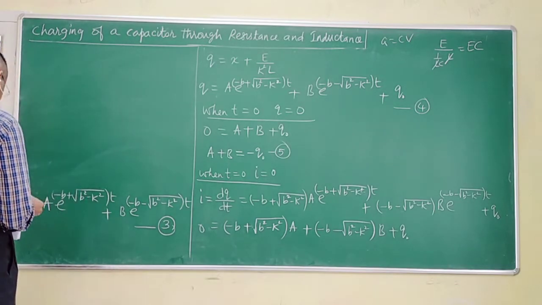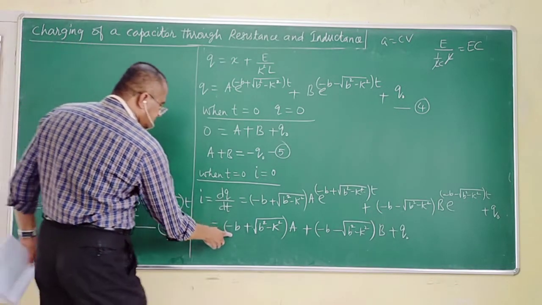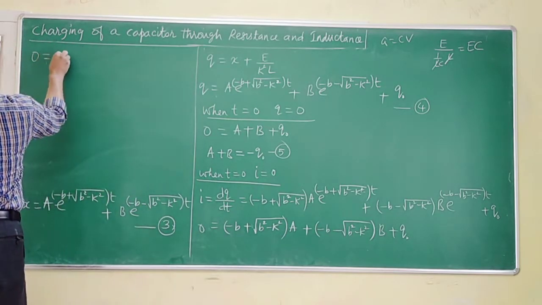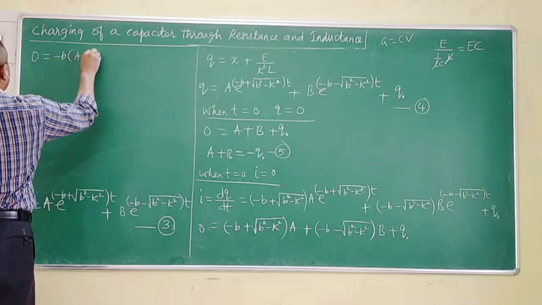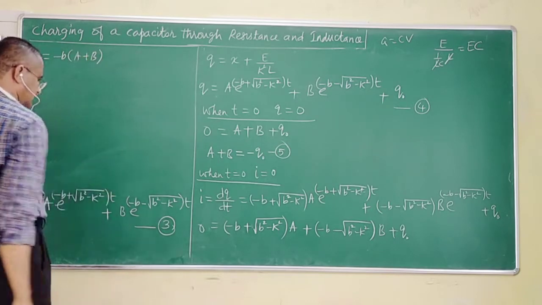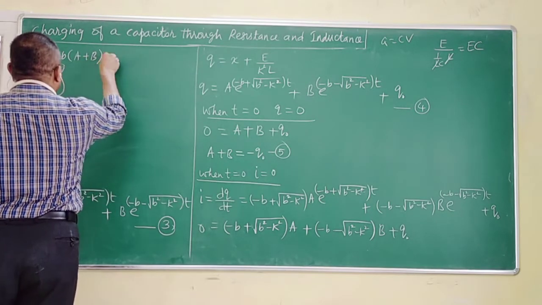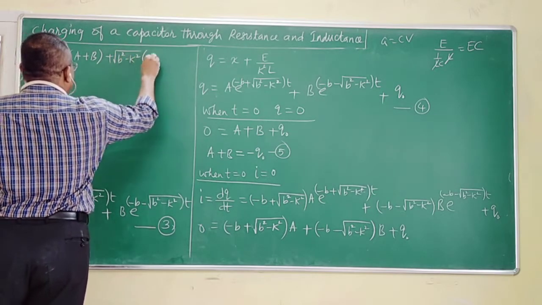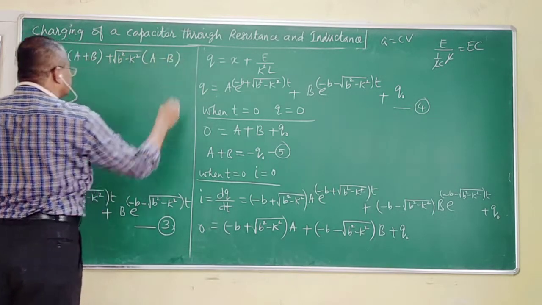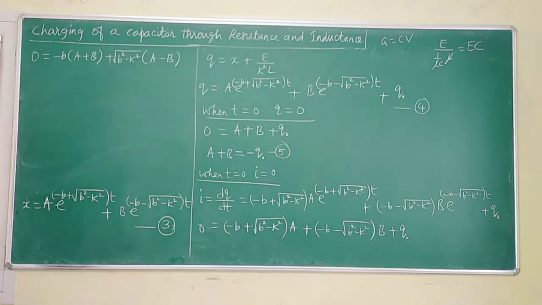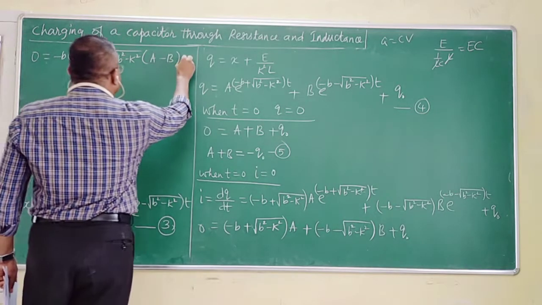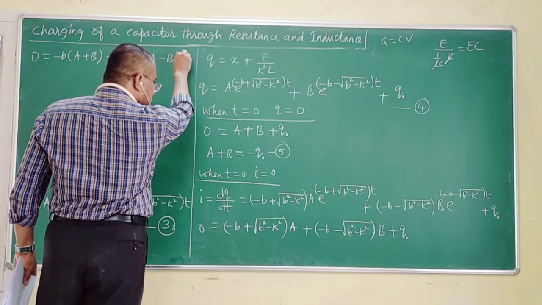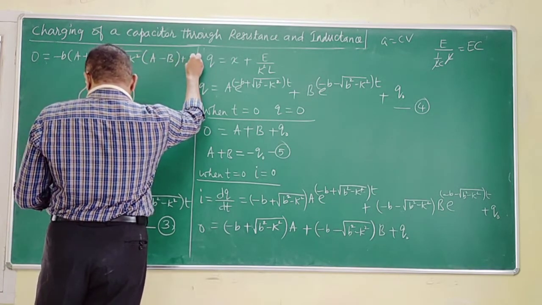Minus b is here, minus b is here. 0 is equal to minus b, therefore I will take a plus b. Then I have under root of b squared minus k squared into a minus b. Okay, plus q naught. Plus q naught is there. Am I right?